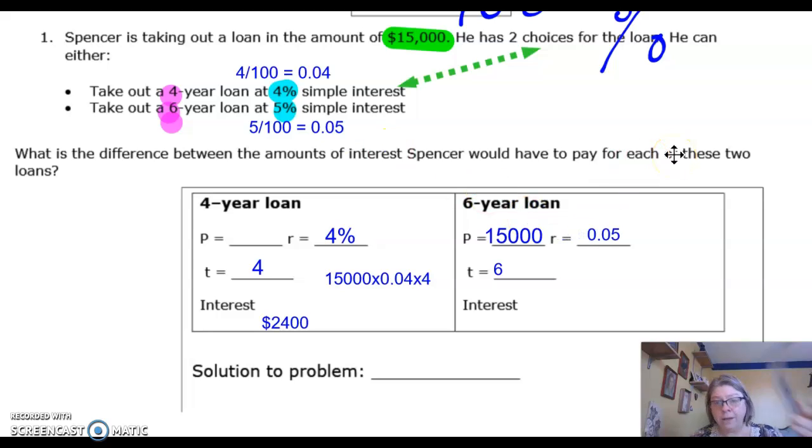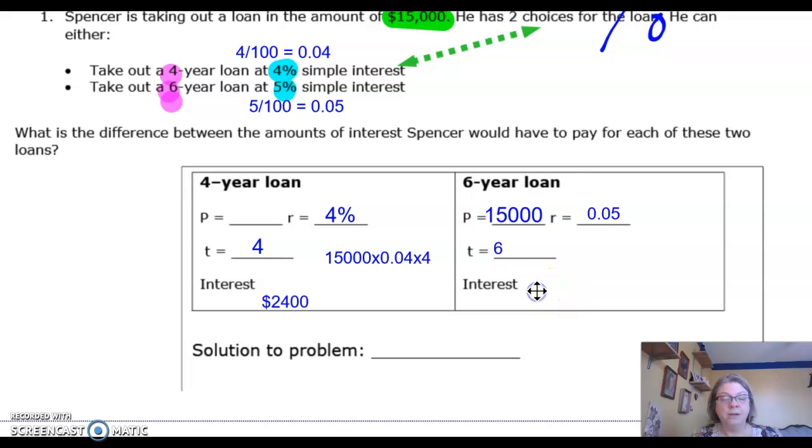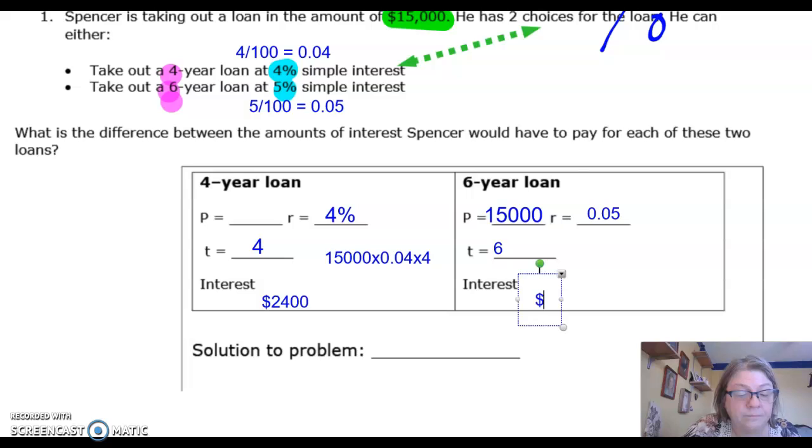I'm going to pick up my calculator again, and I'm going to type in 15,000 times 0.05 times 6. And my phone gives me 4,500. That means that my interest is 4,500. And 2 answers.